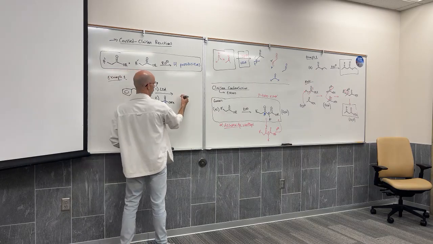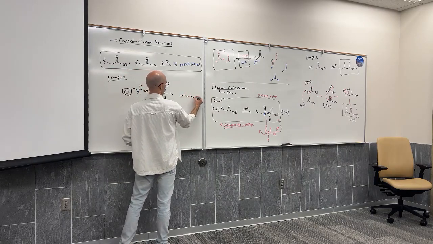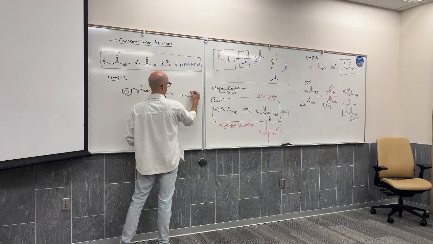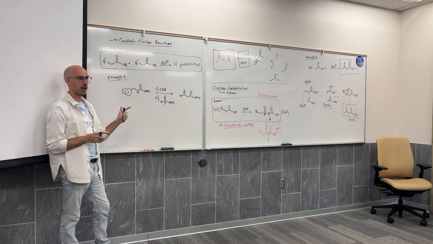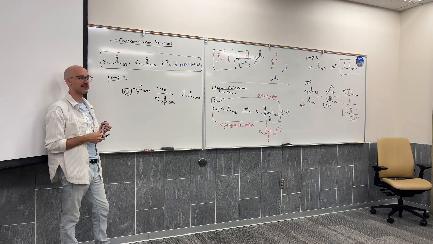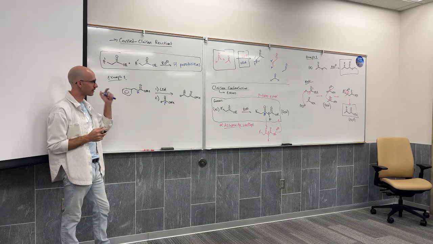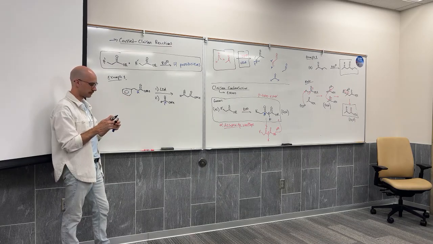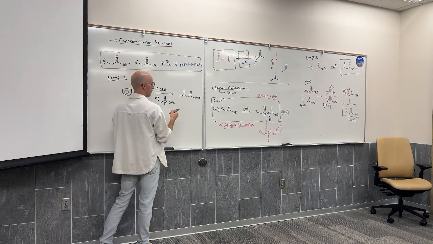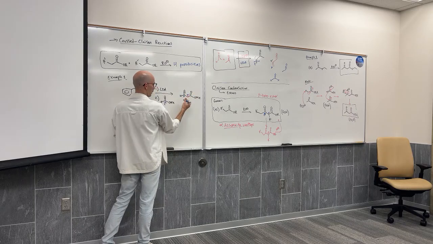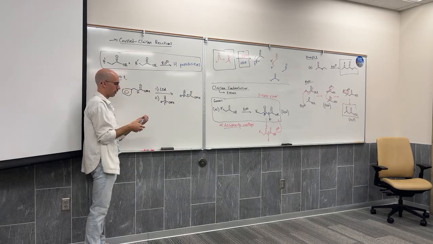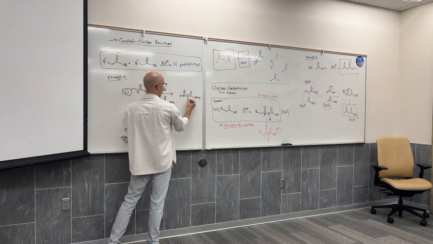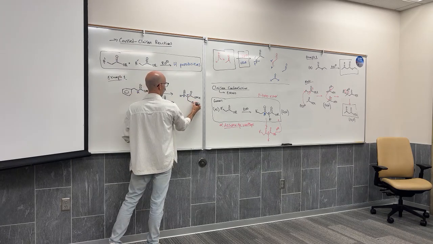So here's how I'm going to draw my product. This is my beta carbonyl ester. My carbonyl is not a ketone anymore. My carbonyl is an aldehyde. And off of alpha, I have one carbon phenyl.